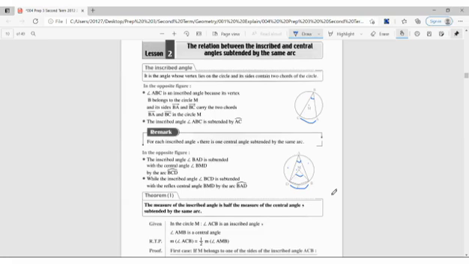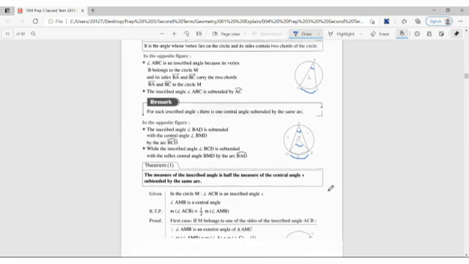So now we have to know that the measure of the arc subtended by the inscribed and the central angle is equal to the measure of the central angle. And the inscribed angle is half the measure of the central angle and half the measure of the arc.